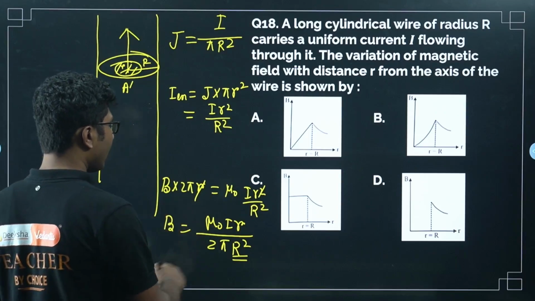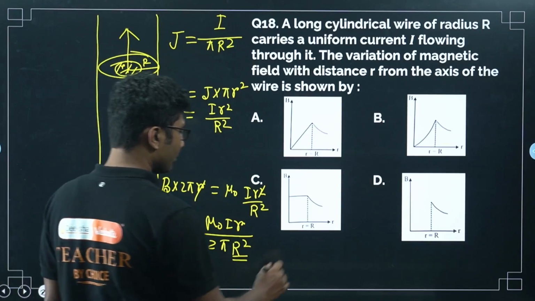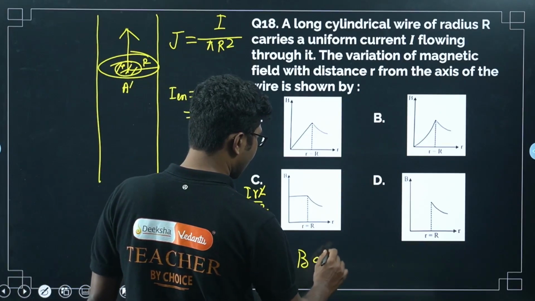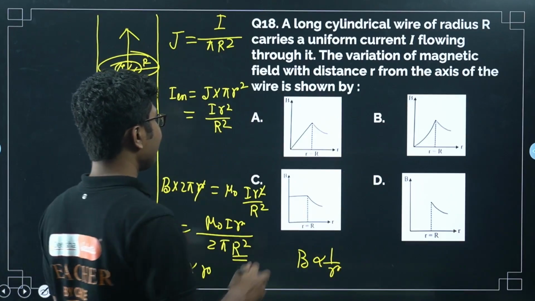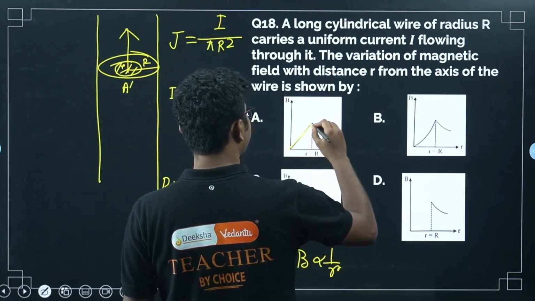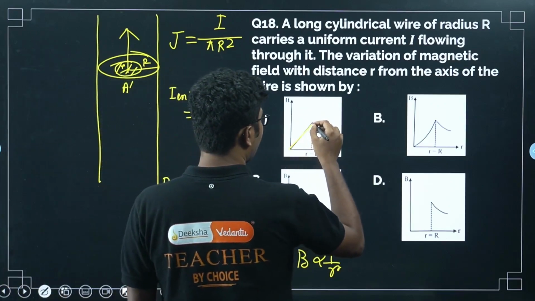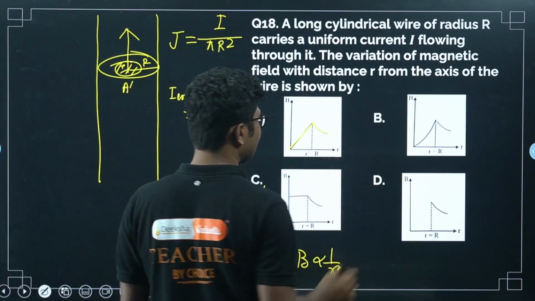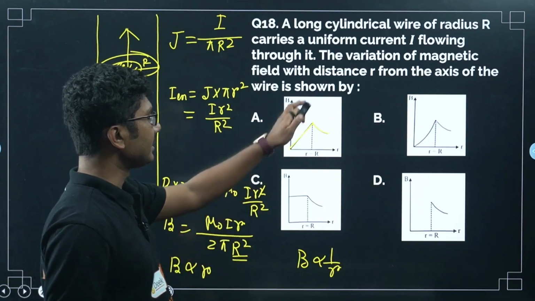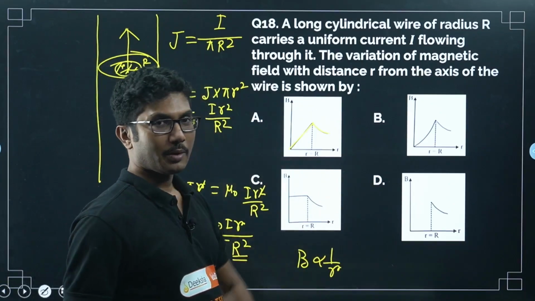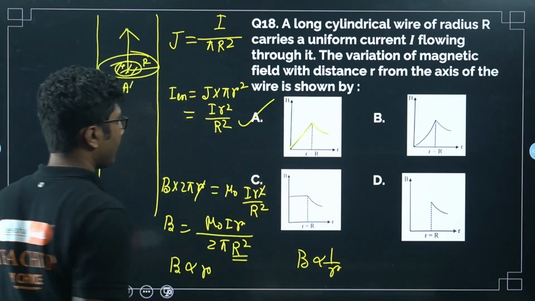So inside the wire the magnetic field is varying as r. Outside the wire the magnetic field is varying as 1 by r. So inside the wire the magnetic field will slowly increase in a straight line. Proportional means straight line, and 1 by r means it is decreasing, right? So proportional to r means it is increasing with distance, proportional to 1 by r means it is decreasing with distance. So the correct answer is option A.